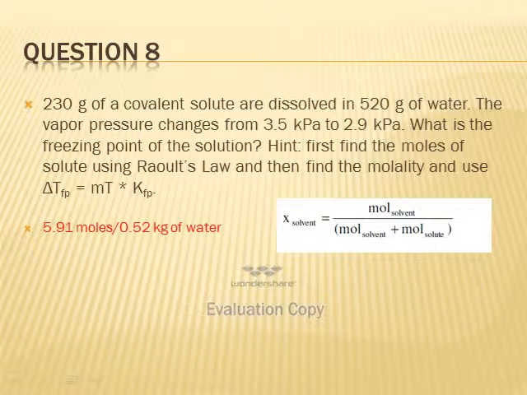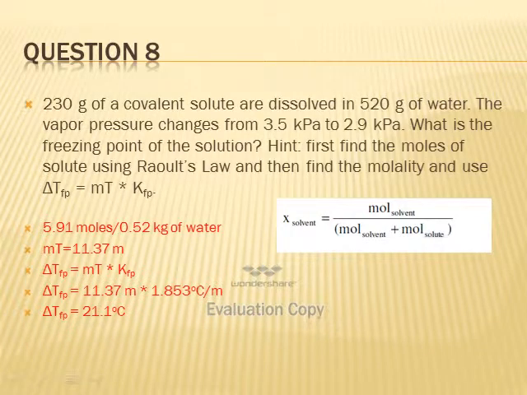We know that delta TFP equals mt times KFP, and we know the value of KFP, so it is just 11.37 molality times 1.853 degrees Celsius divided by molality, which equals 21.1 degrees Celsius.